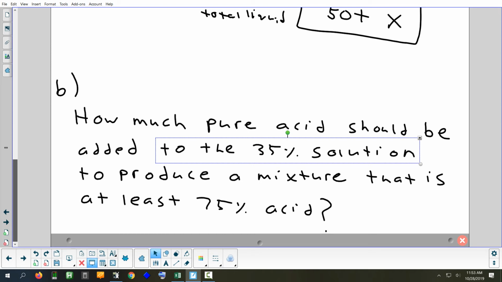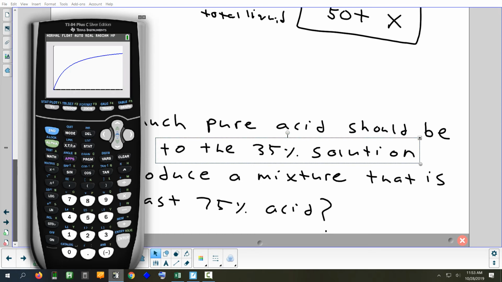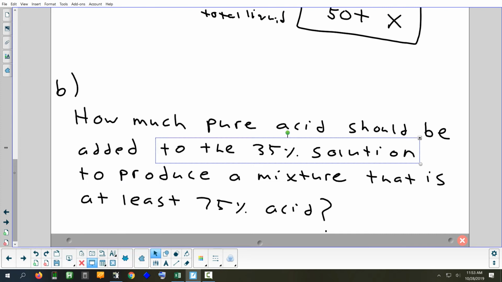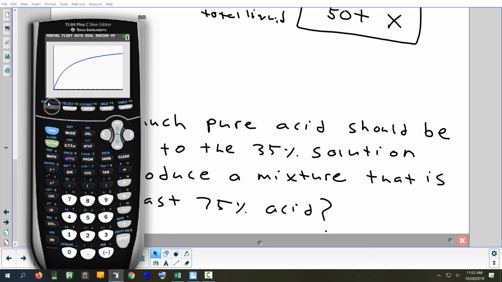Anyone have a guess what I would have to add to this graph to figure out the answer? Yep, another line. And where's the line going to go? 75 or 0.75. 0.75, exactly. That line represents where it hits a concentration of 0.75.